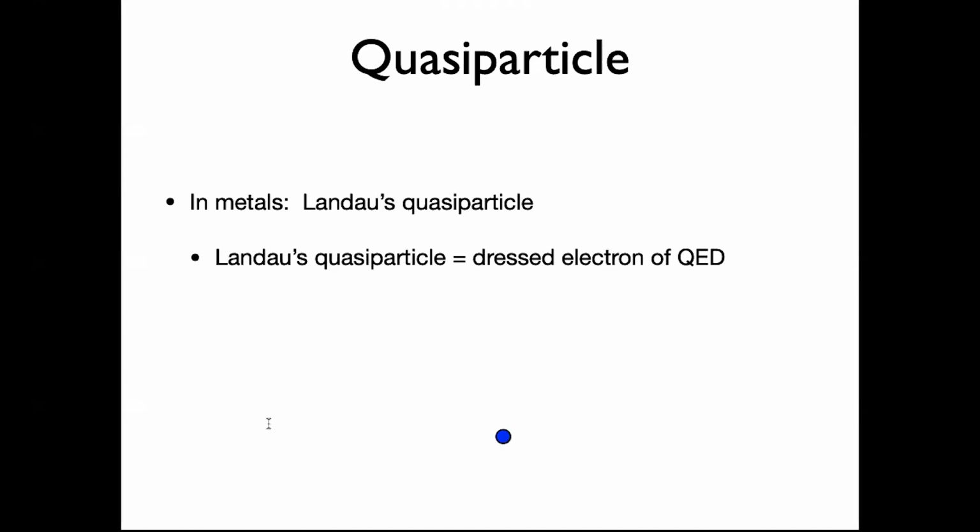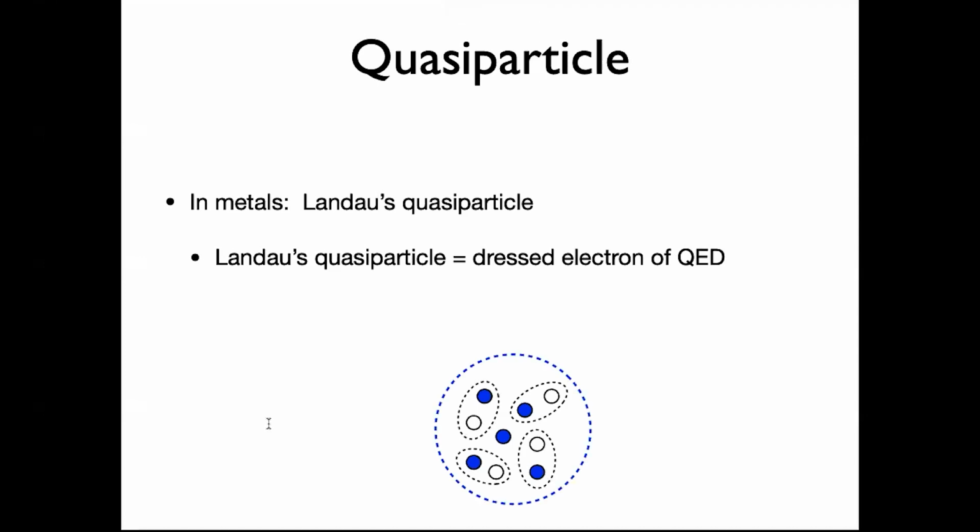So we have an electron that is surrounded by a lot of particle-hole pairs, and Landau showed that at long distances, the real quasi-particle is some object that can be visualized as an electron plus pairs of particles and holes.